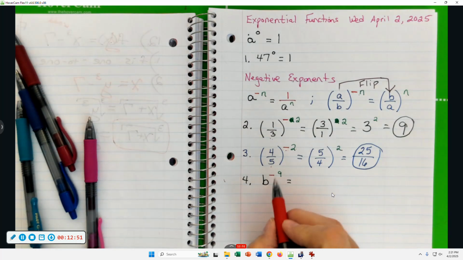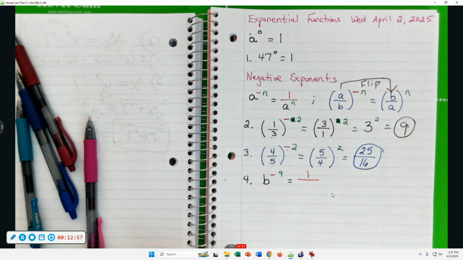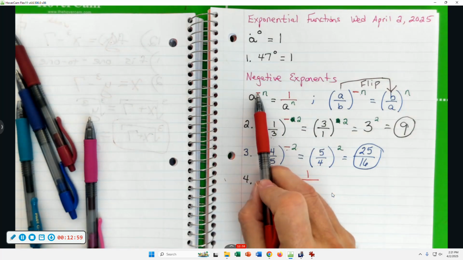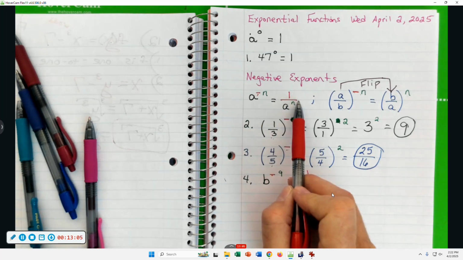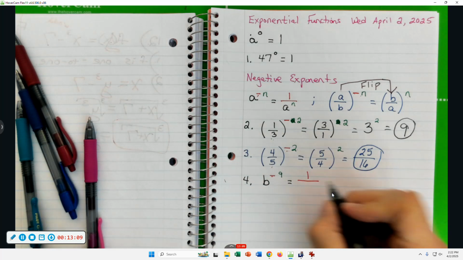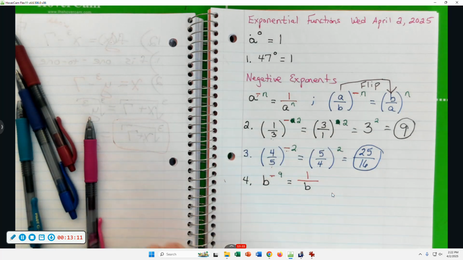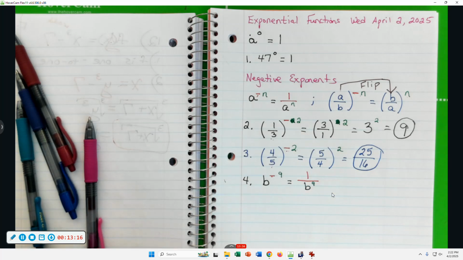A negative exponent, that red negative, means a red 1 over. That's what I was trying to show here using the color. The red negative exponent is a red 1 over. And then this b to the positive 9. 1 over b to the positive 9.